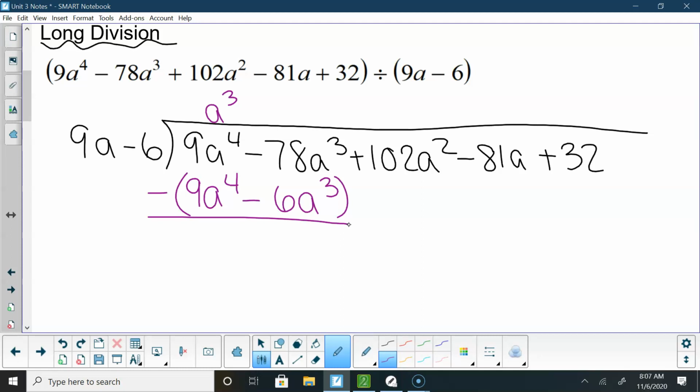Always put it in parentheses, because if you don't, you will forget to distribute that negative, and everything will go horribly, horribly wrong. So, what is negative 78 plus 6? Negative 72. So I've got negative 72a cubed. Now I got to drop this down. Plus 102a squared.